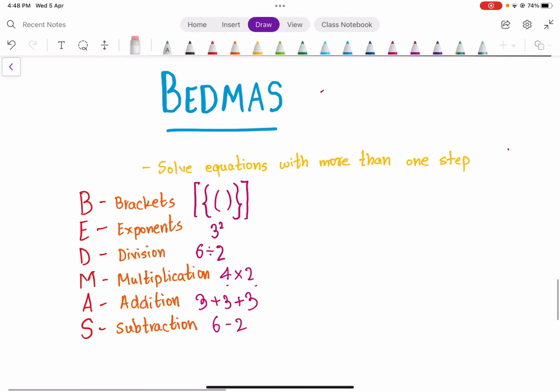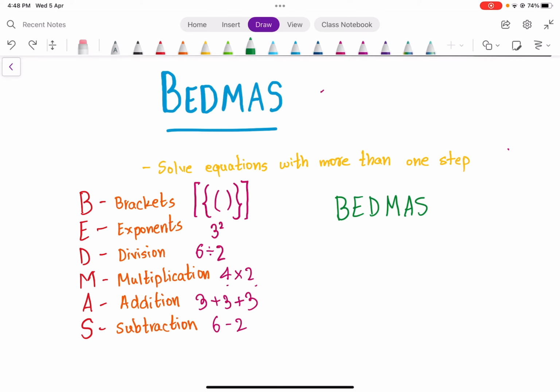So before we start solving questions, let's go over a few basic concepts first. In BEDMAS, a few of these are interchangeable. So division and multiplication, they both can be interchangeable, meaning you can do division before multiplication or the other way around.